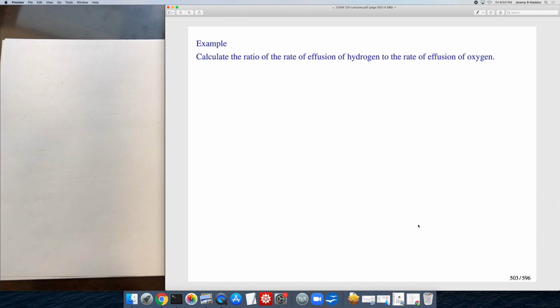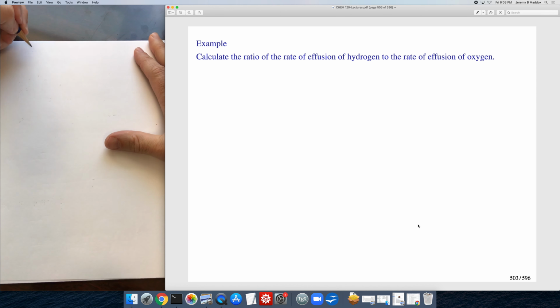So here we're being asked to calculate the ratio of the rate of effusion of hydrogen gas to the rate of effusion of oxygen gas. So the rate of effusion of hydrogen, according to Graham's law, is proportional to the square root of 1 over the molar mass of hydrogen.